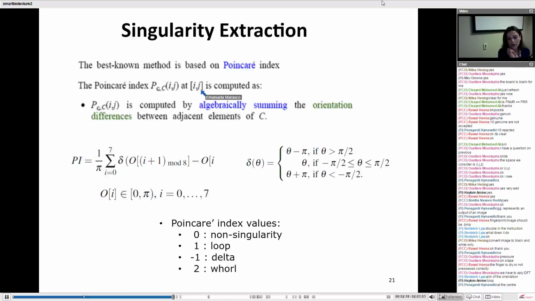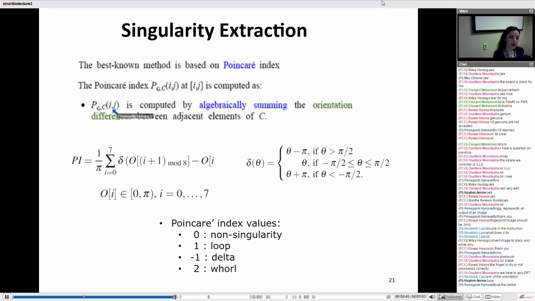And then we have the Poincare index, indicated as P, G, and C. You can see IJ, right? So we have 2 indexes because our input is the orientation map. So we have a matrix, IJ, the orientation which corresponds to the pixel IJ, right?